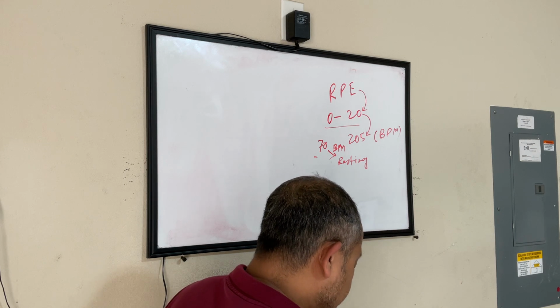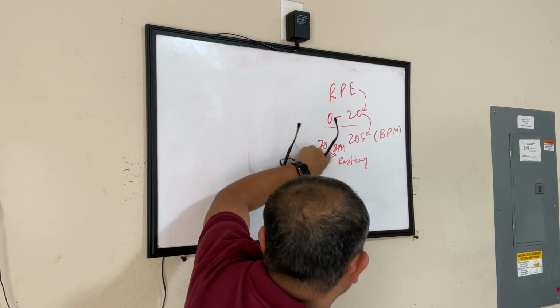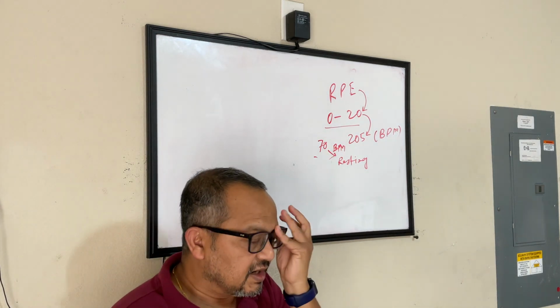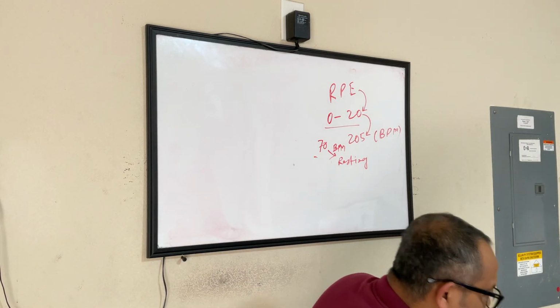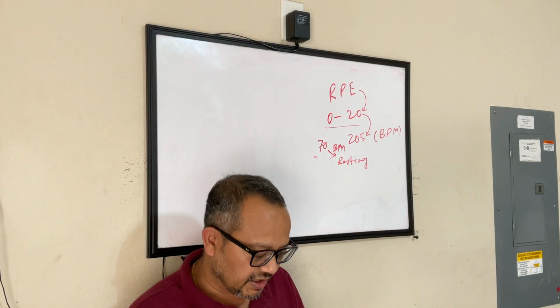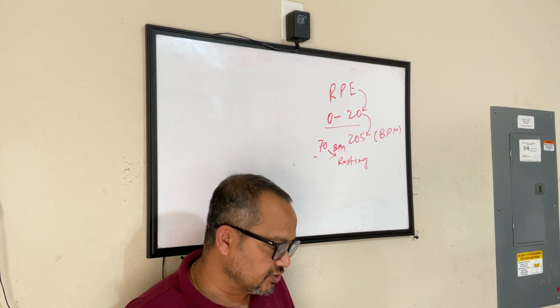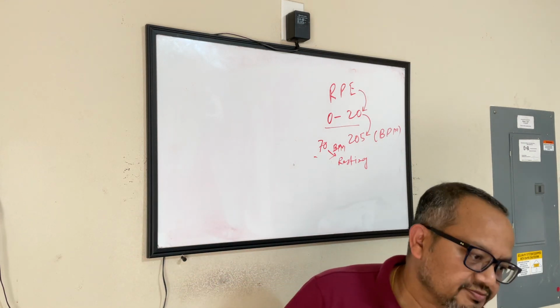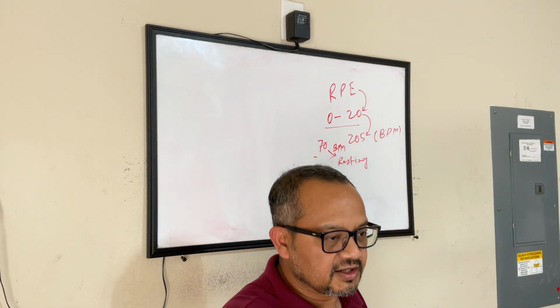Round to the nearest integer. So the question is what RPE; you have to find out the RPE for 70 BPM. I'm assuming this question is not as difficult as it looked in the first go. I want you guys to solve it for me and let me know if anybody is facing any problem. I'm assuming everybody could hear the question clearly. Let me know if that is not the case.